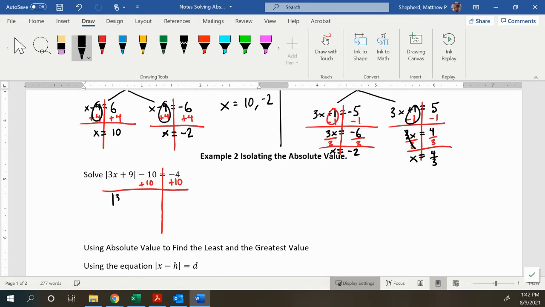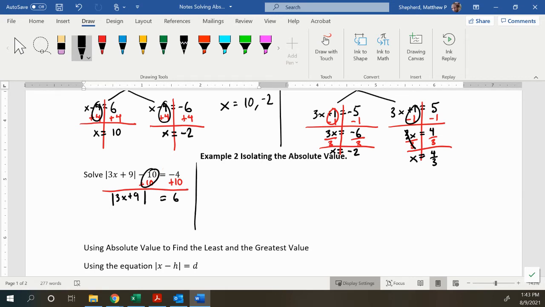So I'll still have my absolute value, 3x plus 9, but negative 10 plus 10 was a 0. Anything minus 0 is still itself. So that portion remained unchanged. And then negative 4 plus 10 is just a 6. Okay, now this problem looks exactly like the ones above.